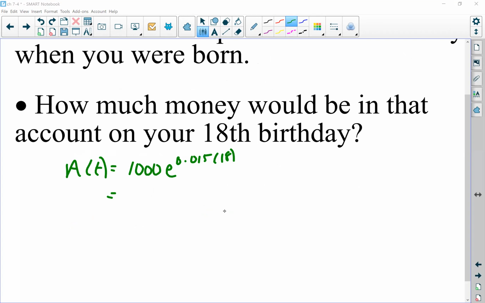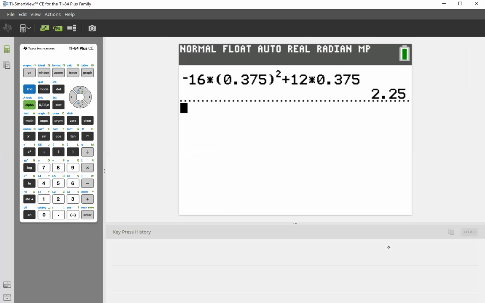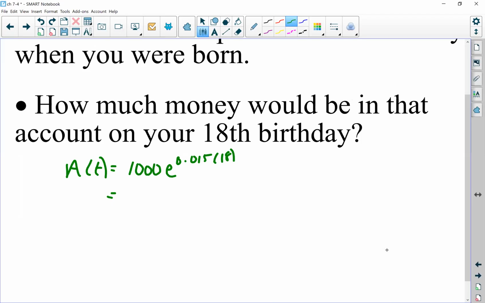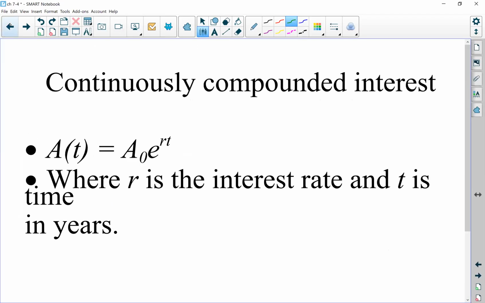All right, so if I calculate that... Wait, why is it not 1.5 and it's 0.015? So in order to use that function, I'll go back one slide here.